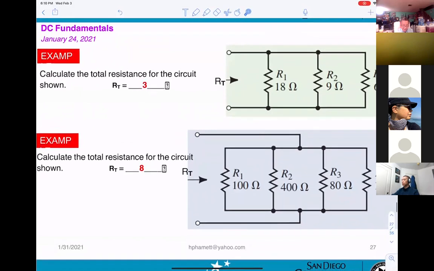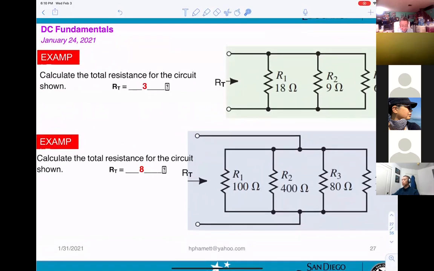Now you can see this circuit here. I want to calculate the R total here. Do your calculation to see if you can get 3 ohms or not. Do that first.